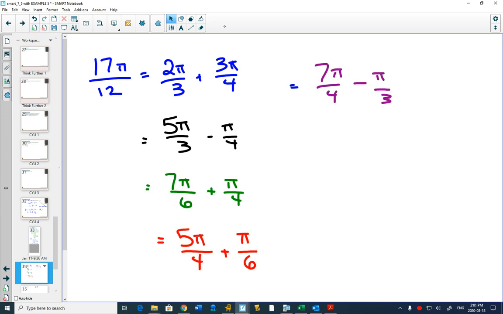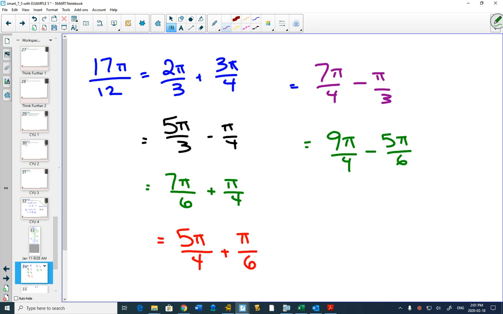Okay, we got 5. Here, I'll add another one. How about 5 pi over 6 plus 3 pi over 4? No. That'll make 19 pi over 12. Well, that's 10 pi over 12 plus 9 pi over 12.